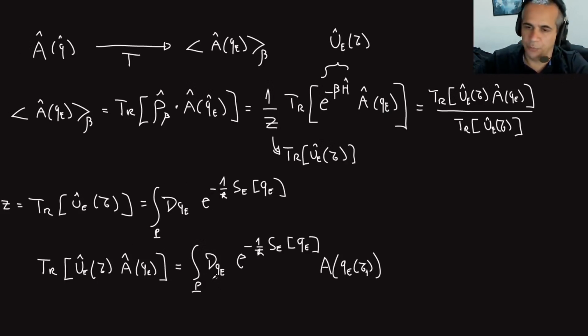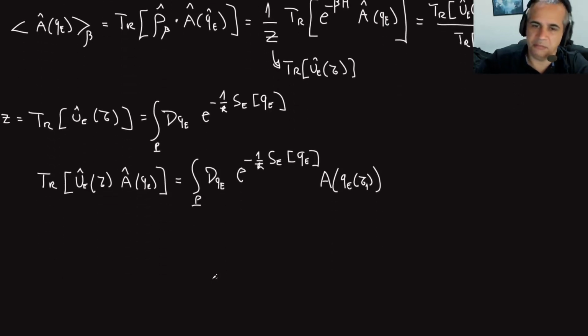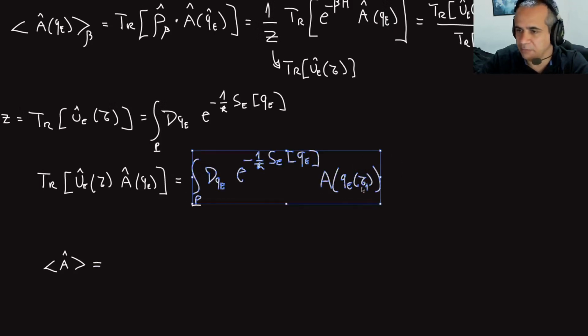So now notice something, right? That's the first time it's actually clear that an observable will be defined by the division of two path integrals.